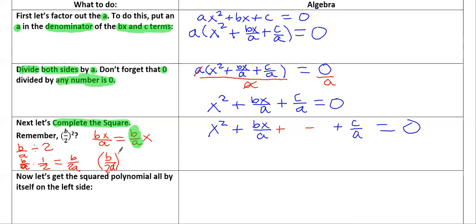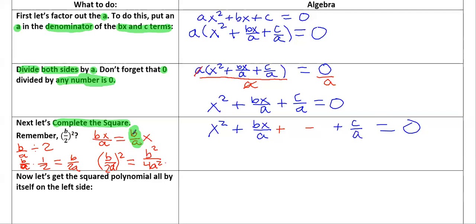And we're going to square that, right? Okay, so now we have this fraction and it's being squared. Hopefully you remember that this is the quotient of powers property. So that squared gets applied to both the numerator, b squared, over the denominator, 2 squared is 4, and a squared.